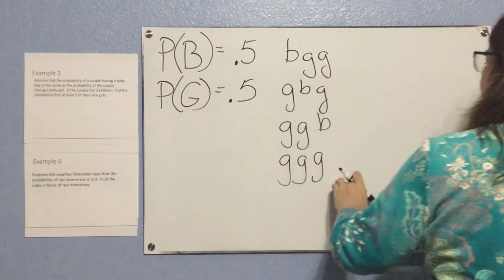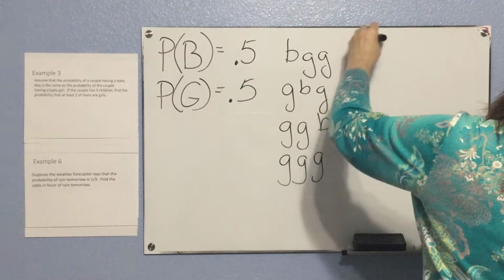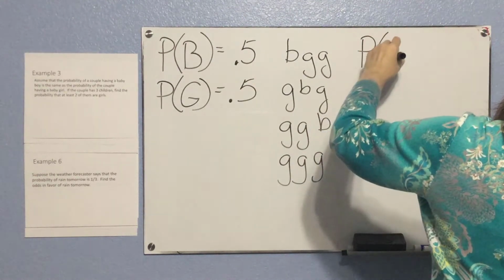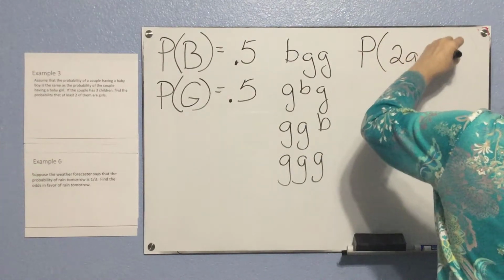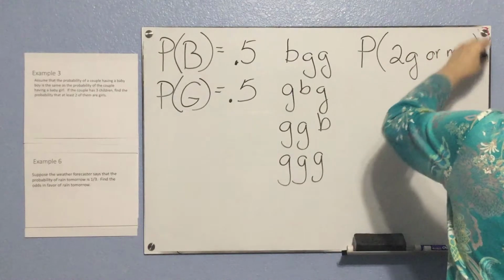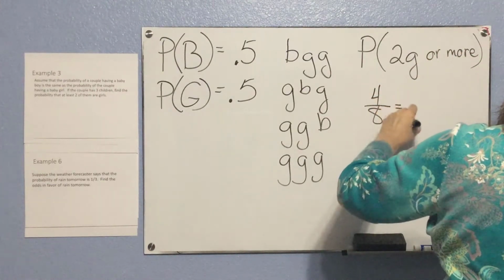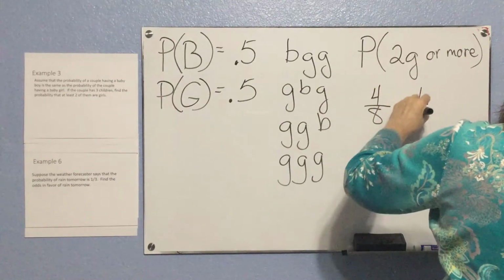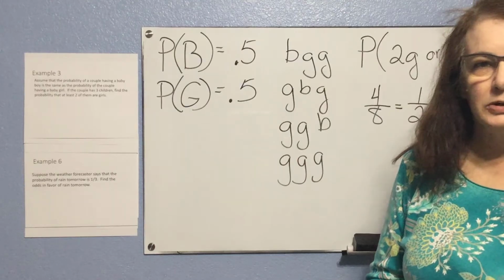And if you remember, there were 8 possible combinations. So the probability of 2 girls or more is 4 out of 8, or 1/2. Pause the video now and work on checkpoint 3.